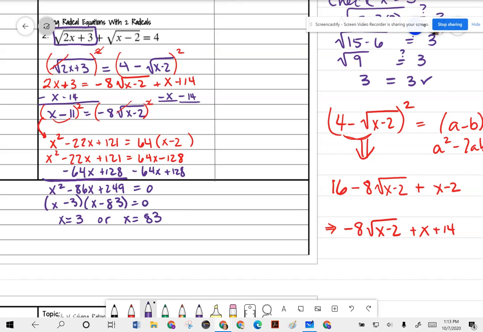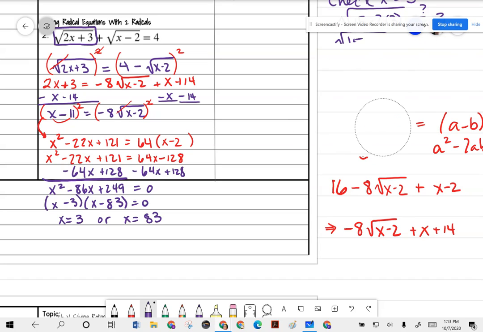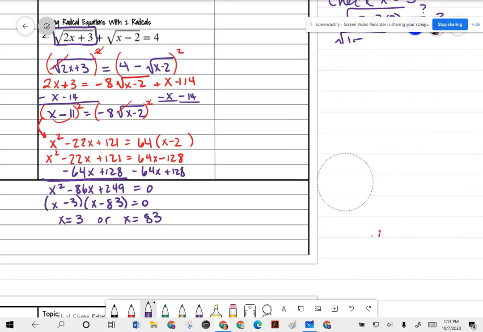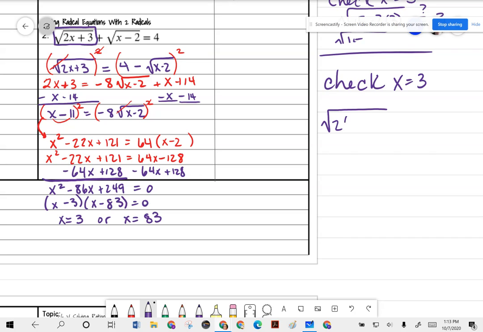But we need to check. It's very, very important that we check. So let's go ahead and check. I'm going to check x is equal to 3 first. Plug it back into the original problem, not after you've isolated it.